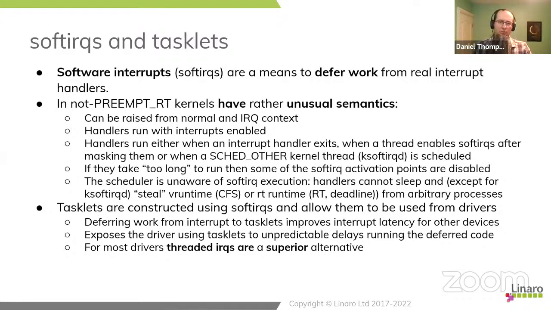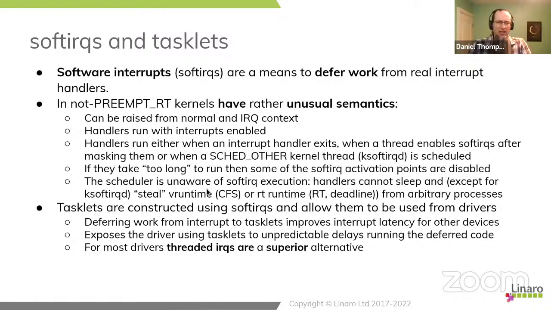They normally run when you leave an interrupt handler. But sometimes they run from a dispatch thread that is scheduled with sched other priority. And basically what happens is if you're spending too much time executing your soft IQs, then soft IQs are disabled except for the K-thread soft IQD. So in other words, they run just after interrupts run, except when they don't, when they go to a relatively low priority kernel thread instead.